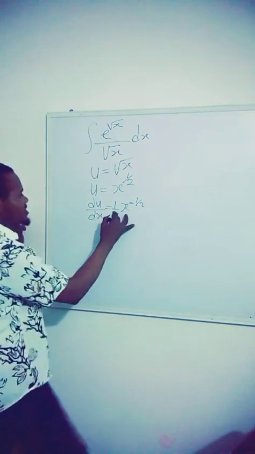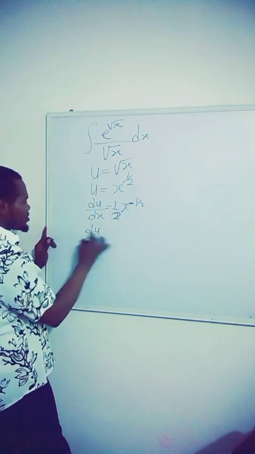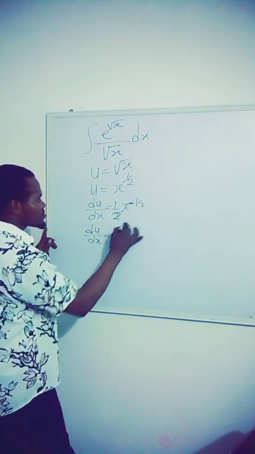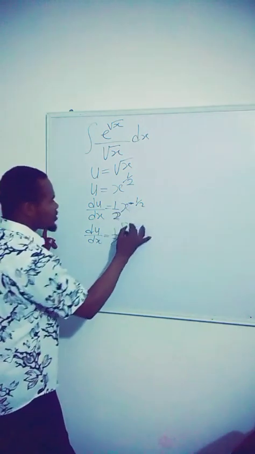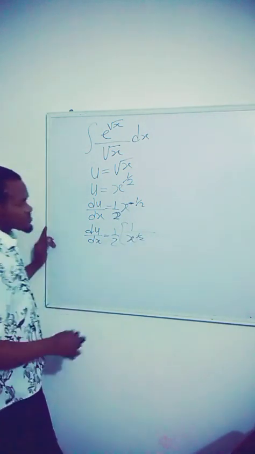You know that in indices, du dx will be equal to 1 over 2 times x raised to power minus 1 over 2, so this is 1 over x raised to power 1 over 2.